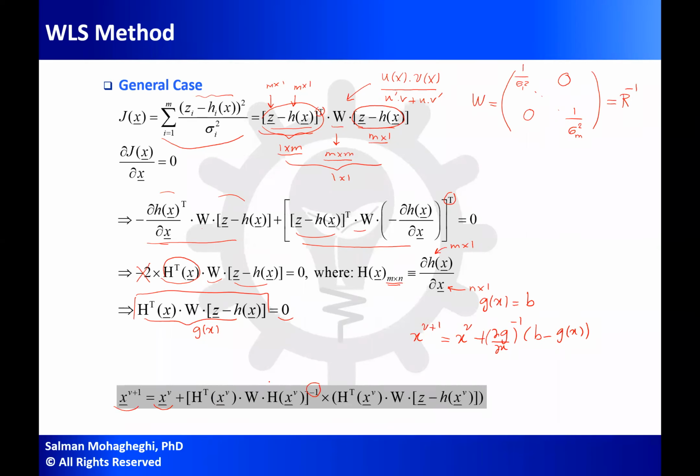When I find the derivative, there is a minus sign in the derivative. There is a minus sign here. So those two minus signs cancel each other out, and you're going to have a plus sign here. So the general equation is going to be x at iteration nu plus 1 equals x at iteration nu plus this matrix inverse times this.